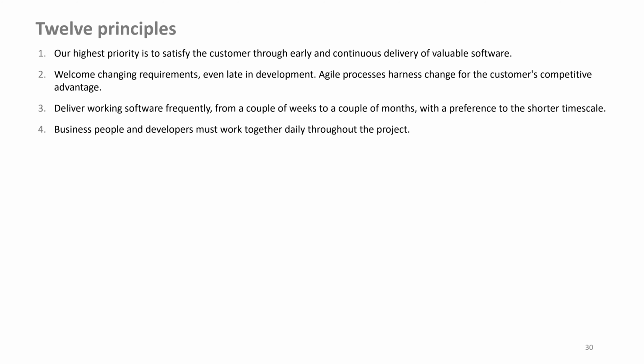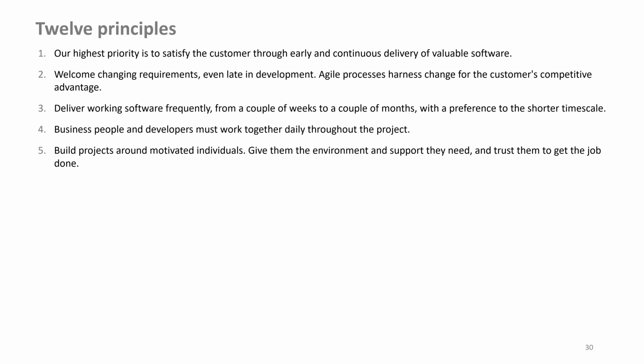Build projects around motivated individuals. Give them the environment and support they need and trust them to get the job done. Motivated teams are more likely to deliver their best work than unhappy teams.